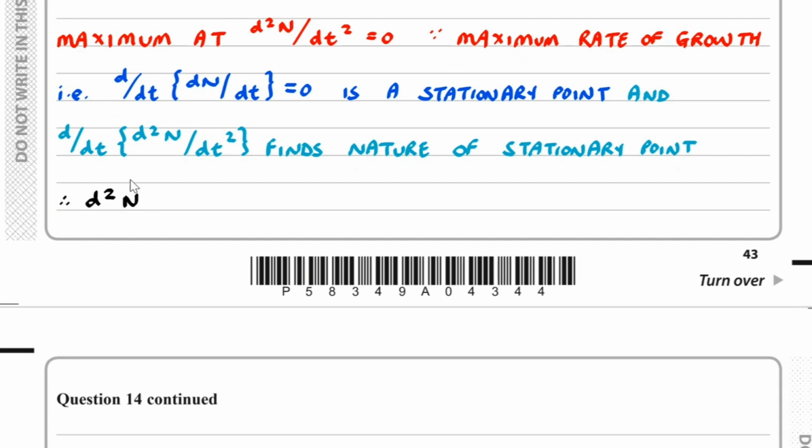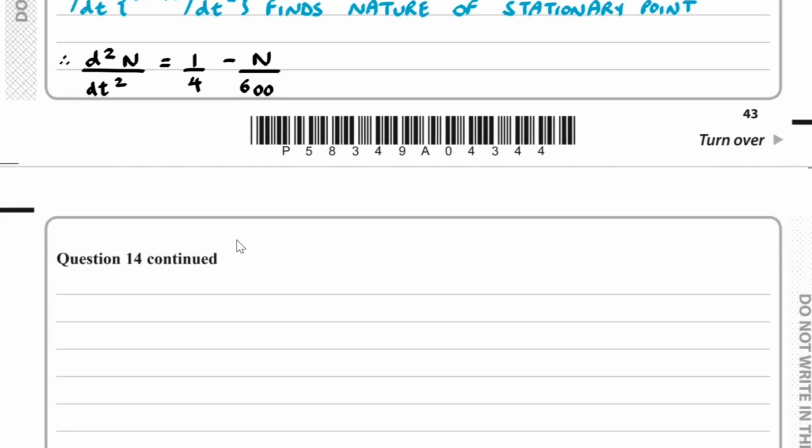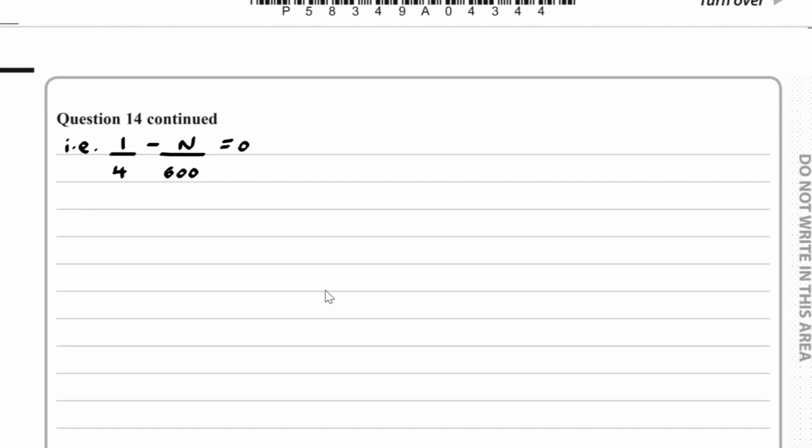So now, if I actually find out what d squared n over dt squared is, I get over here 1 over 4 subtract n over 600. So in other words, I've got 1 over 4 subtract n over 600 equaling 0, in which case we can solve for n.